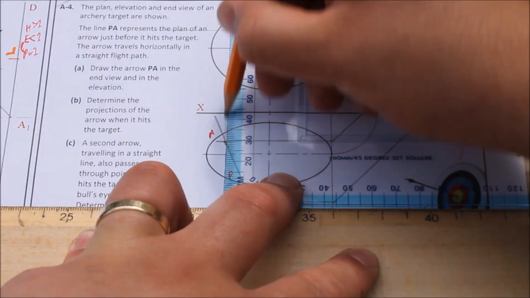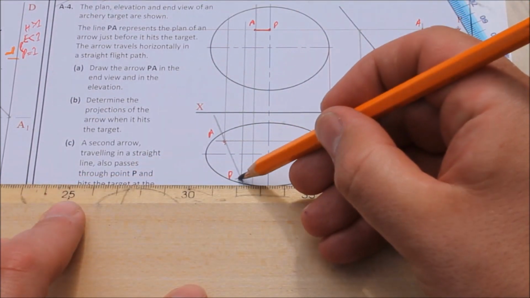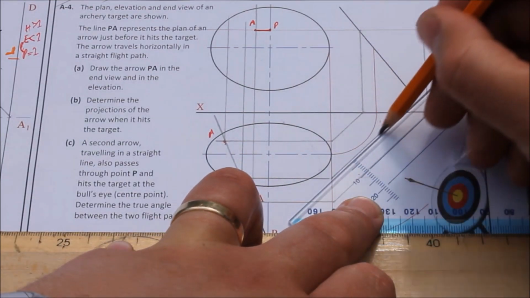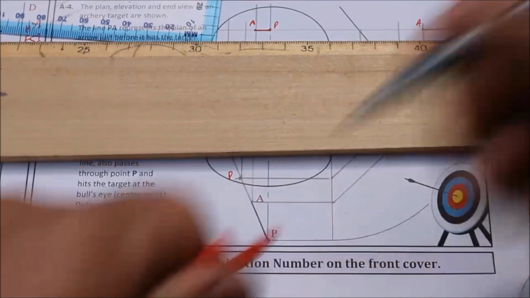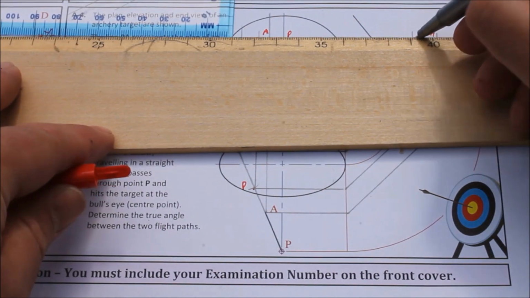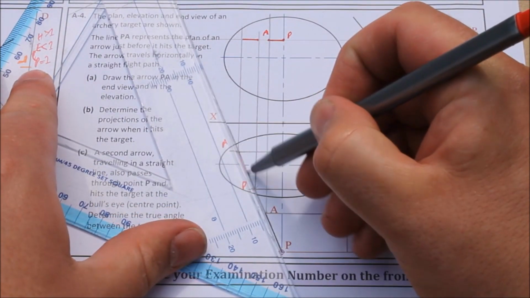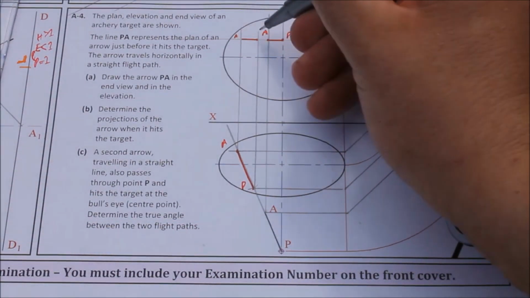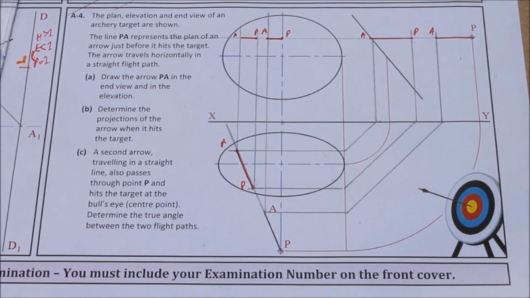Also with A, so project up A, project up P. Do the same over here, we need to bring P back to the end view, so project that back up to the end view as well. So now that shows you where it hits the target in all three views. So that's part B.